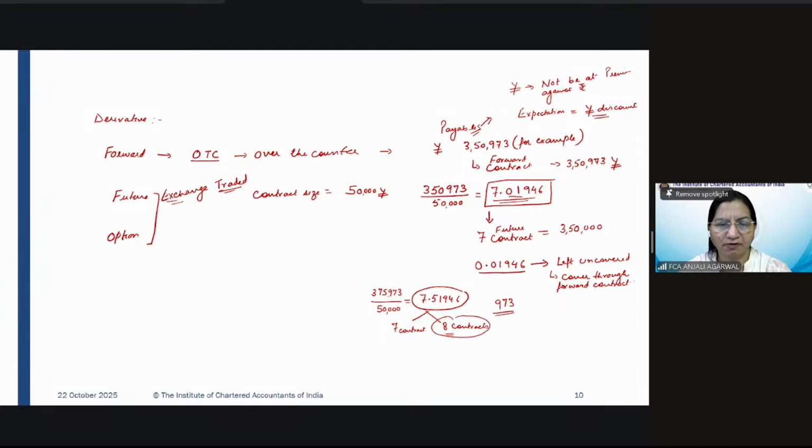Futures are exchange traded. Things will be standardized. Contract size will also be fixed. So in this, what happens is, let's say the contract size is 50,000 and your payables or receivables are 50,000, 100,000, 150,000, 200,000, 250,000, 300,000, 350,000, anything that is an exact multiple of 50,000.